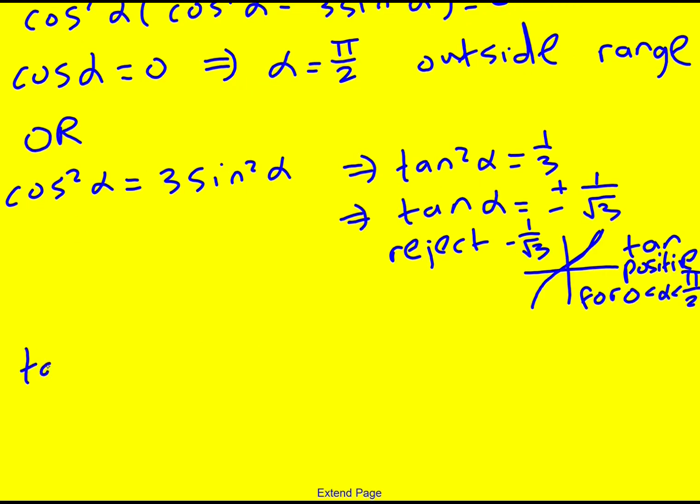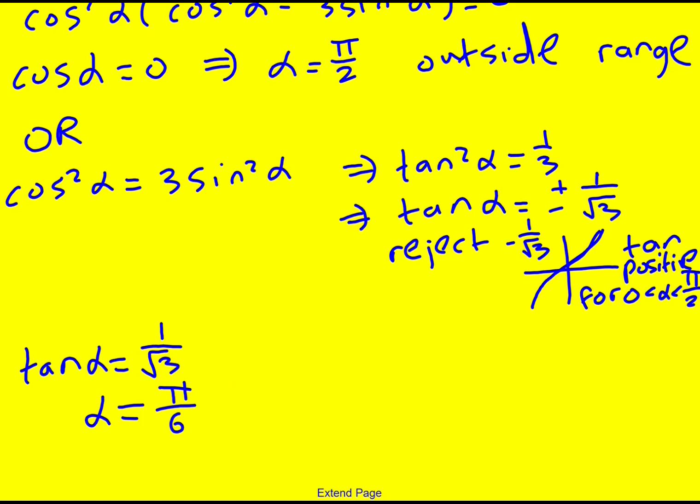So that means tan alpha equals 1 over root 3, which gives alpha as pi over 6. Remember, tan 30, or tan pi over 6, is 1 over root 3. That's just a value to be aware of. So that's our value that's going to give us our stationary point.